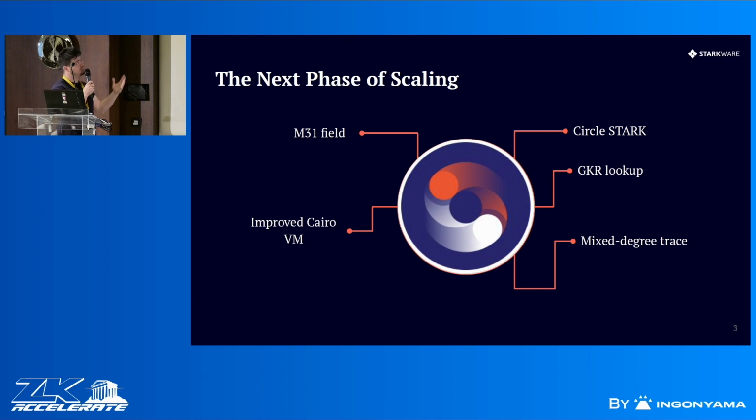So STWO, what's new in STWO over Stone? STWO uses a small field, the M31 field. For that, it needs circle Starks, which is a new kind of Stark that we invented along with Polygon Zero. It has GKR lookups, which are optimizing our lookups, mixed degree trace, and improved Cairo VM.